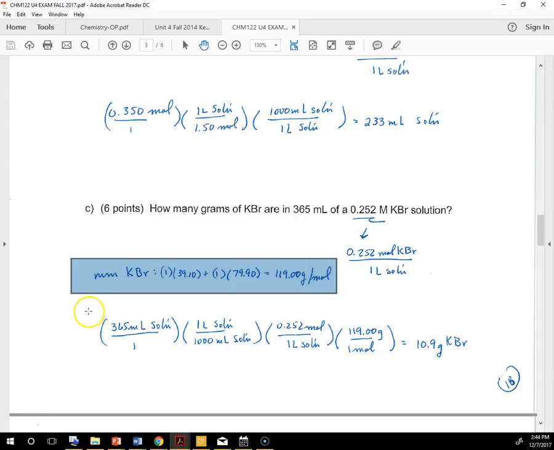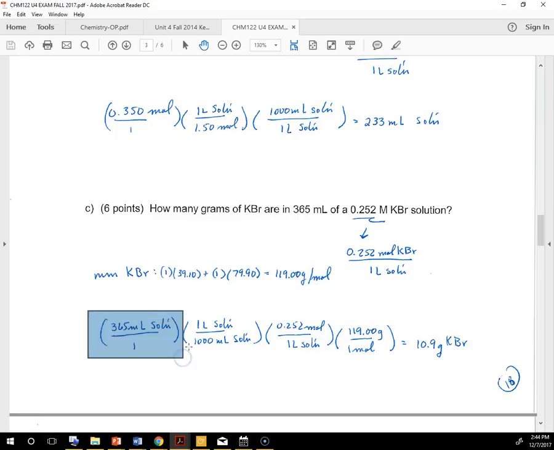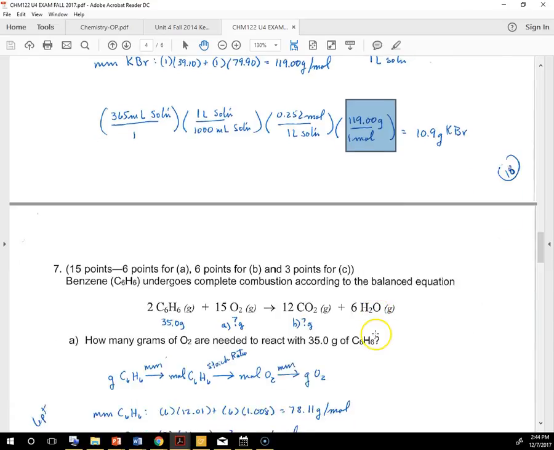So then I think the best way to work this is I start with the volume, and I convert the milliliters into liters, and then I introduce the molarity, 0.252 moles over 1 liter. That will give me moles, and then I can introduce the molar mass to go from moles to grams. So rounded to 3 significant figures, I got 10.9 grams of KBr.